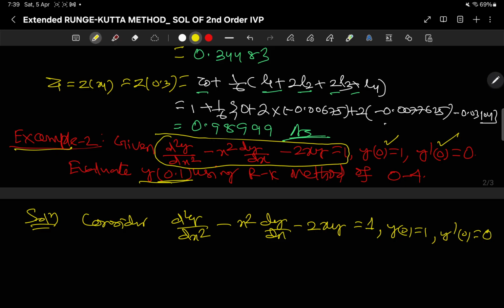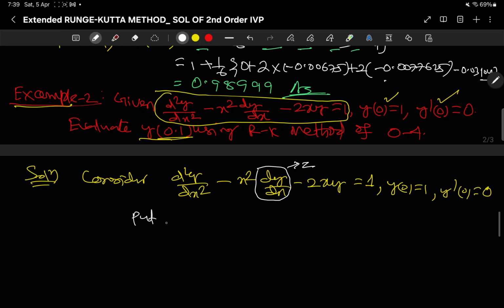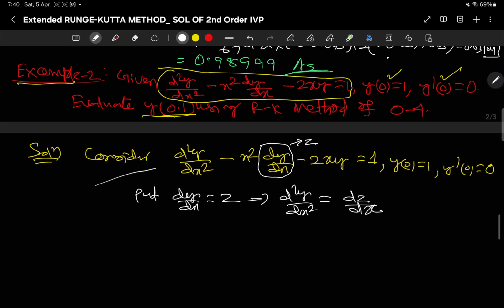Now we need to substitute dy by dx is equal to z. As the working rule I have mentioned above, let us put dy by dx is equal to z. So this implies d square y by dx square, differentiating with respect to x, I am getting dz by dx. So this given differential equation will be of the form dz by dx minus x square z minus 2xy is equal to 0.